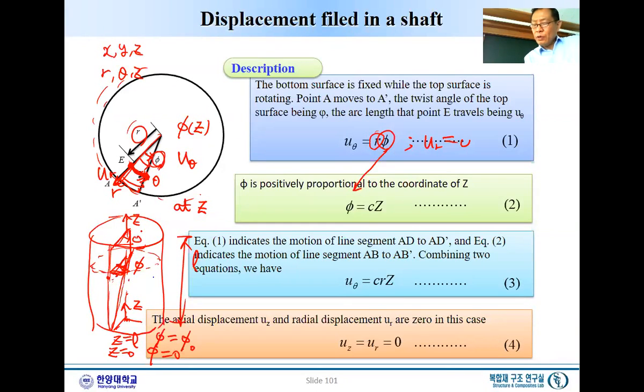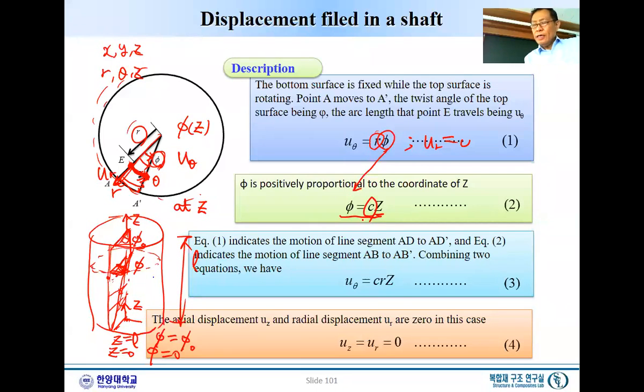Again, pay attention, please. This phi is gradually increasing, as you can see here. If I draw, this angle is gradually increasing from 0 to phi 0. So we can say that phi is a function of z, proportional to coordinate z.